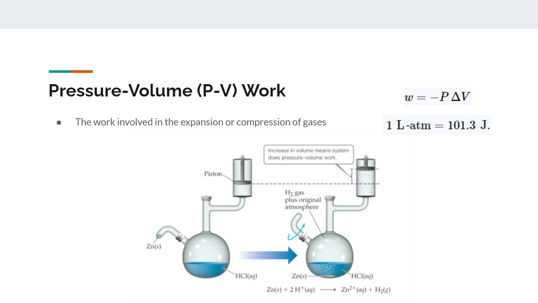And in order to calculate delta V, it's the volume of the final versus the volume of the initial. And typically when we're doing this equation, pressure is going to be measured in atmospheres, while volume is in liters, which creates this weird unit, but one useful conversion factor when doing PV work is 1 liter times atmosphere equals 101.3 joules, which is a much more comfortable and common unit.